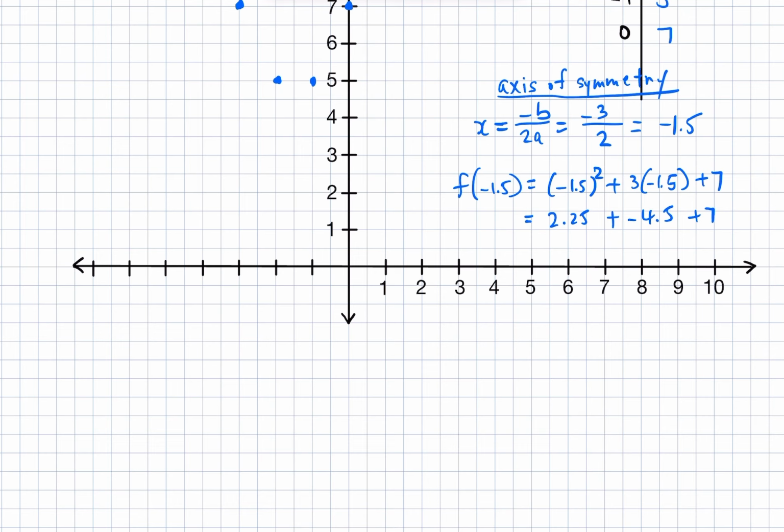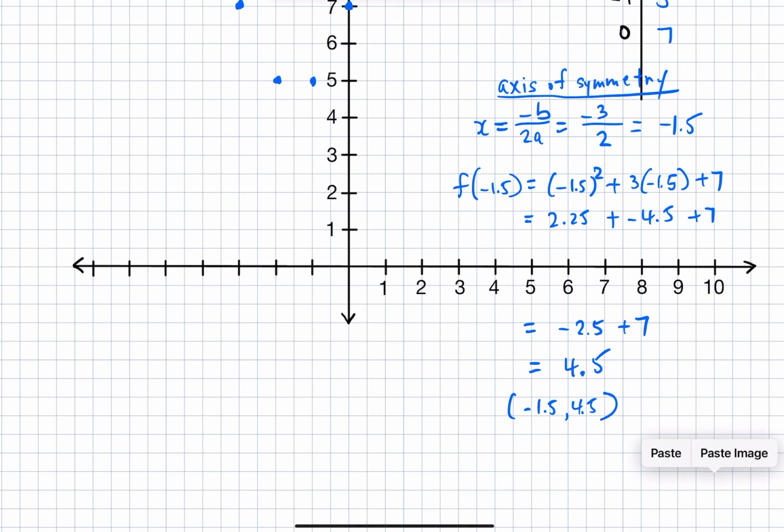Okay, and if we add those up, 2.25 minus 4.5 is going to give us negative 2.25, and we add 7, and that's going to give us 4.75.